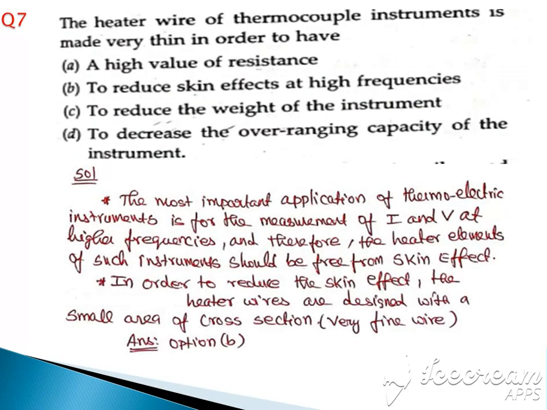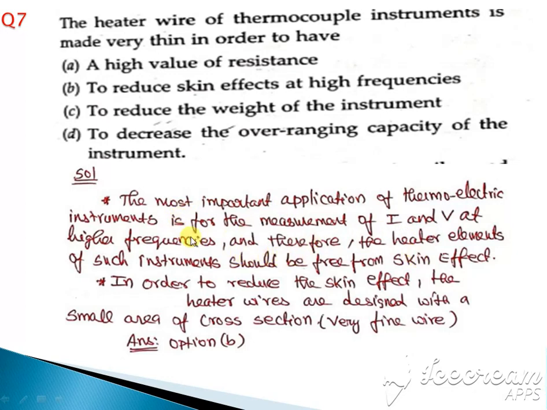Question number 7: the heater wire of a thermocouple instrument is made very thin in order to. Option A, high value of resistance. Option B, to reduce the skin effect at higher frequency. Option C, reduce the weight of the instrument. Option D, to decrease the overranging capacity of the instrument. Detailed explanation: the most important application of thermoelectric instruments is measurement of current and voltage at higher frequency.